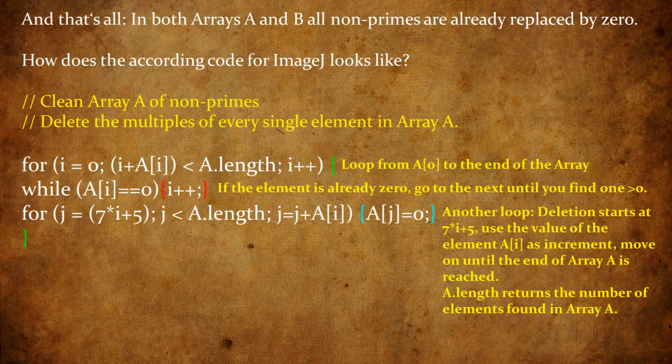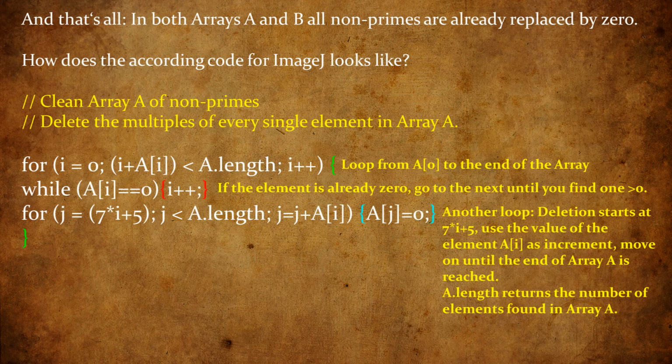Back to array A, we want to clean array A of non-primes and delete the multiples of every single element in array A. So we start with two nested loops. The first loop starts from array 0 and goes to the end of the whole array. If the element is already zeroed, we skip on to the next one until we find an element that is bigger than 0.